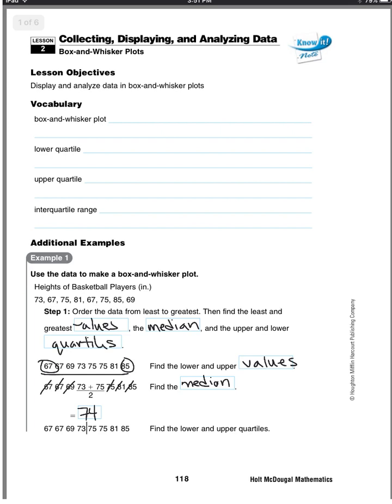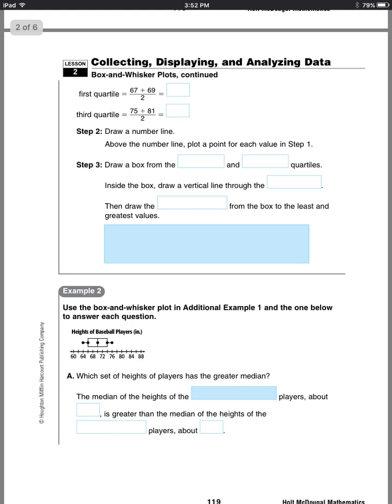Now what we're going to do is find our first quartile by taking the median of our lower set of values.